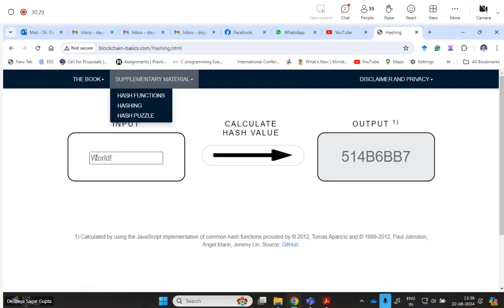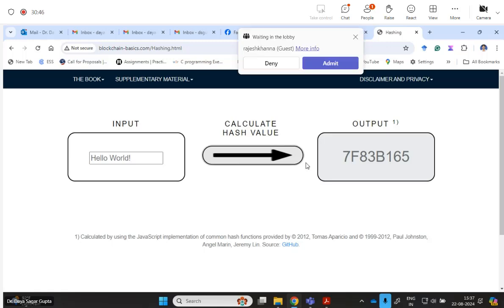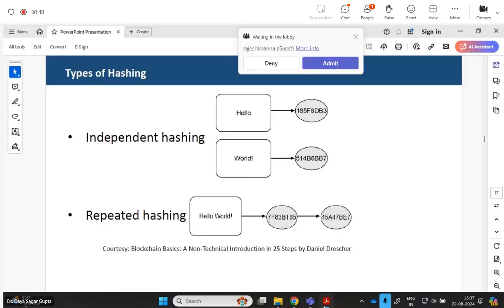So let us have this message, hello world. If you calculate its 8-digit hash value, we are going to get 7F and something.